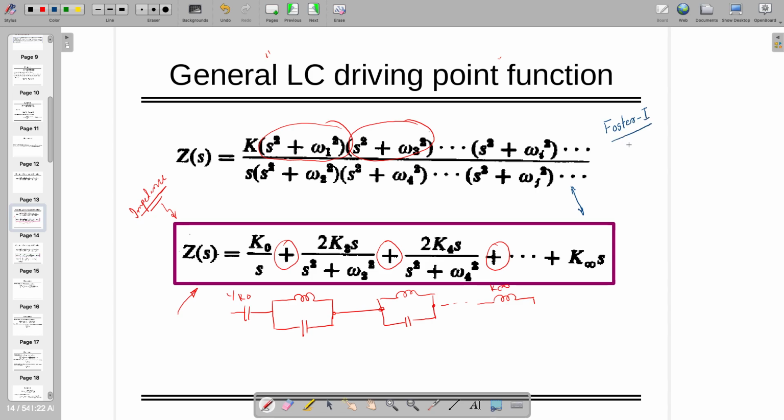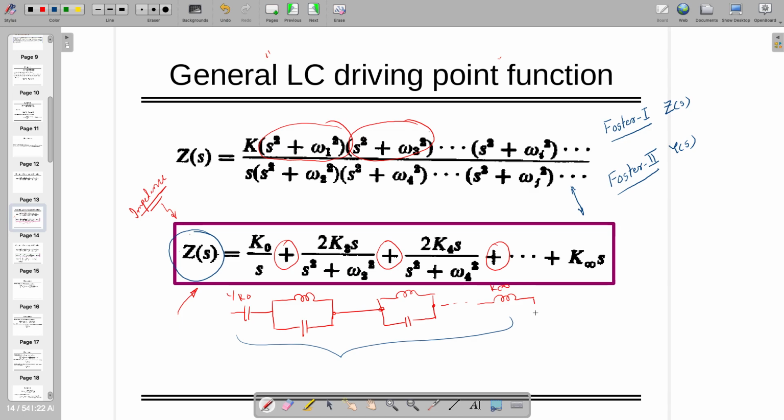So using this, whatever circuit you are deriving, if you are designing this in impedance, that is Foster 1. If it is admittance, then the whole thing will be changed. If this is admittance, then everything will be in shunt, right? That one is known as Foster 2. So Foster 1 talks about impedance in this form. Foster 2 talks about admittance in this form. Both will give you different results.